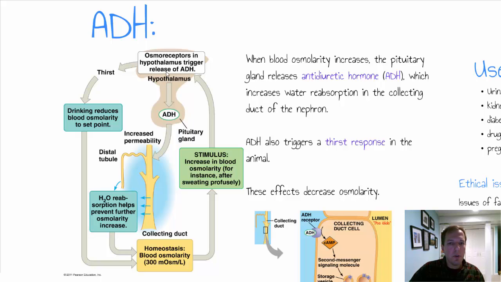ADH is going to circulate through your blood. It's going to then increase the reabsorption of water. So that means that more water is going to be taken out of the filtrate and brought back into the blood. Ultimately, that means that less urine will be produced.